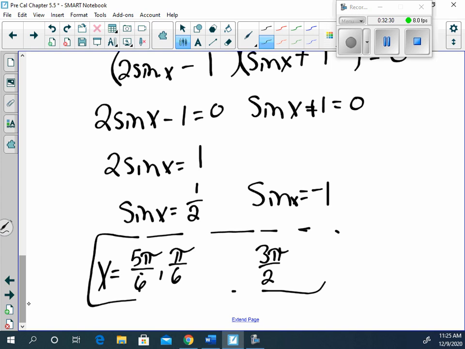Secant equal to 0 is no solution. And those will work.